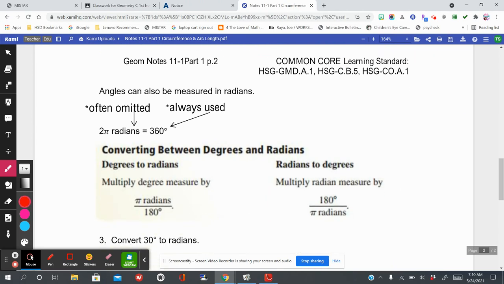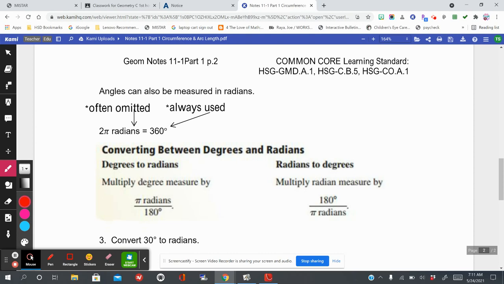All right, now we're going to go over how to change degree measurement into radians or radians into degrees. So 2 pi radians is the same as 360 degrees. In pre-calc and calculus, the higher levels of math, we use radians a lot.